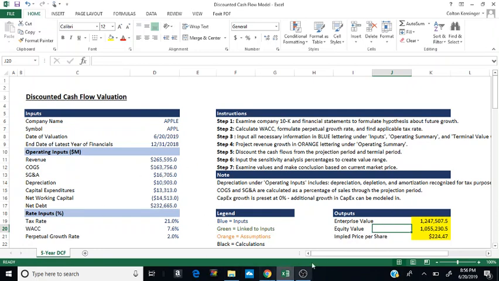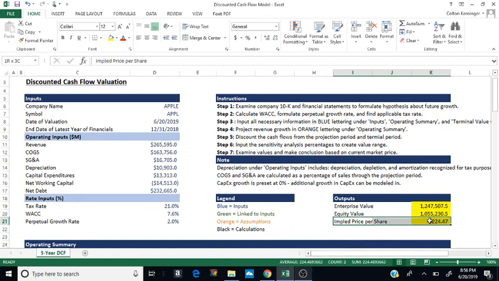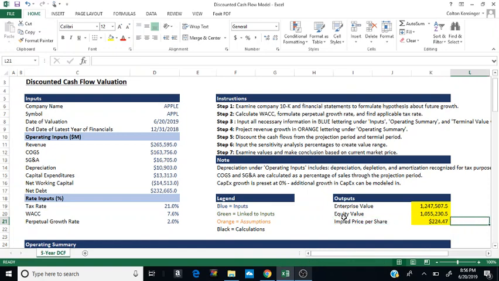But why do we put in all these inputs? Basically, we did all this work to figure out what our implied price per share is. So what this means is, based on all of the inputs and all of our assumptions, Apple should be worth $224.47 a share. And why is this important?